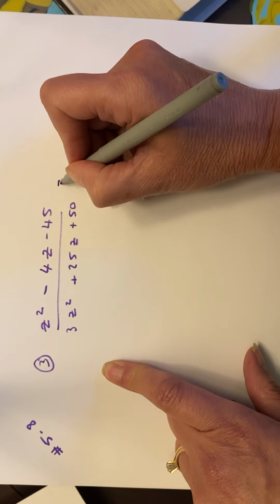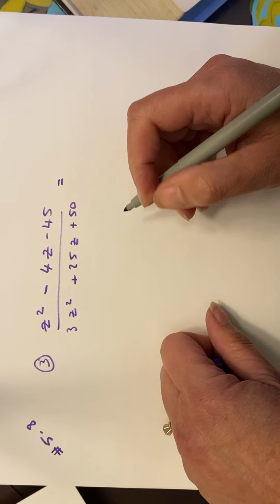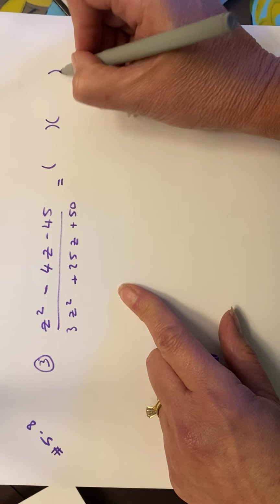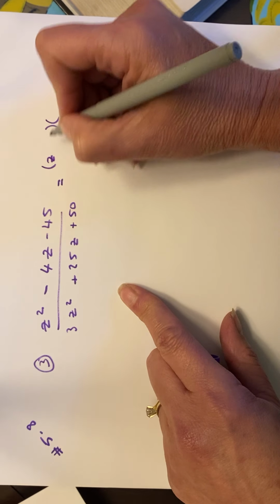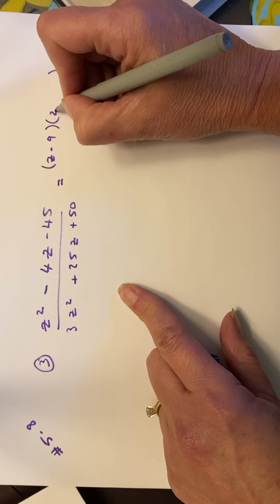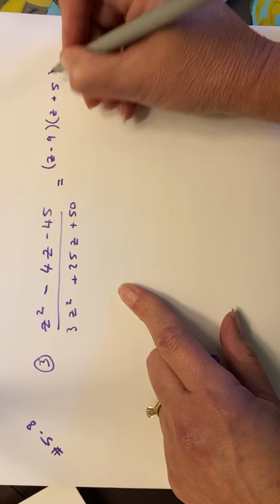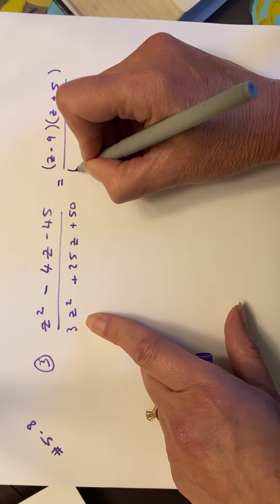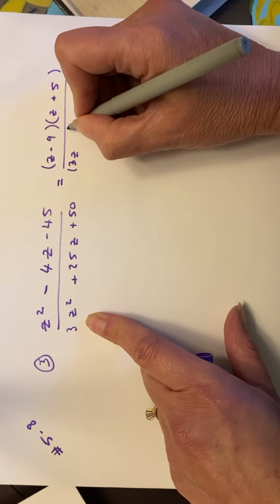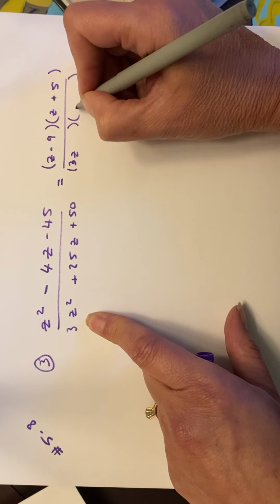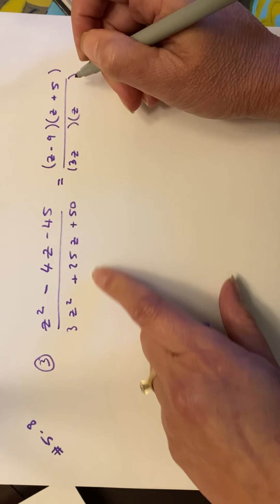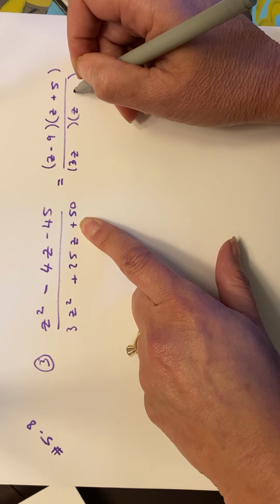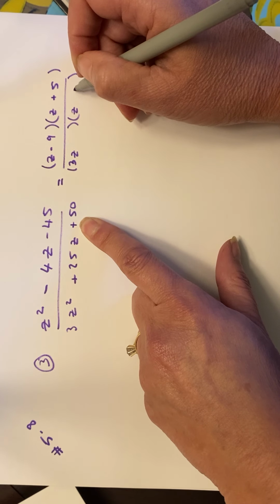So your first job is to factor, and you can see right here that the top is minus 9 plus 5, and on the bottom we're going to end up with 3z and z, and 50 is 25 times 2.